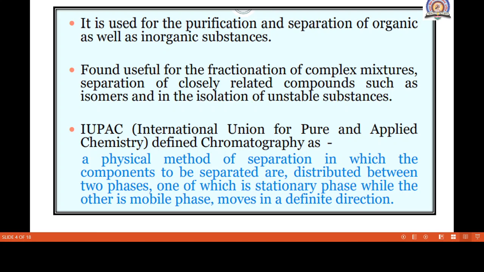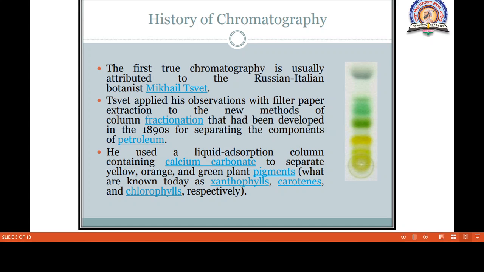According to IUPAC, the definition of chromatography is a physical method of separation in which the components to be separated are distributed between two phases, one of which is the stationary phase while the other is a mobile phase, which moves in a definite direction. Means separation is done by using two phases, that is the stationary and the mobile phase. This is the IUPAC definition.